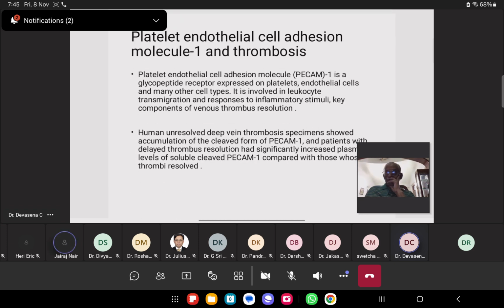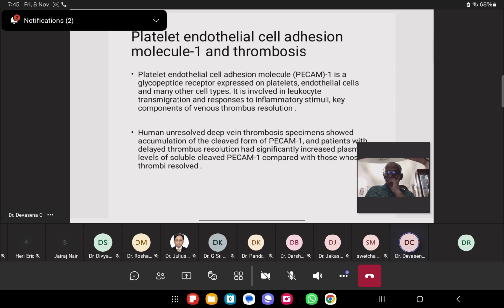Platelet endothelial cell adhesion molecule 1 and thrombosis. It is a glycopeptide receptor expressed on platelets, endothelial cells, and many other cell types. It is involved in leukocyte transmigration and responses to inflammatory stimuli, key components of venous thrombus resolution.